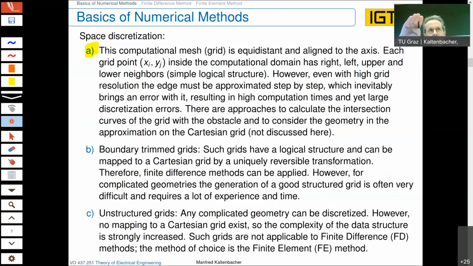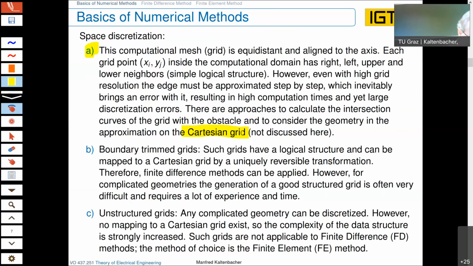You can always just approximate it with staircases. You can make the approximation as good as possible, making the size of the elements smaller and smaller, because you use what we call Cartesian grids. Cartesian grids means you subdivide your computational domain with a constant mesh size.